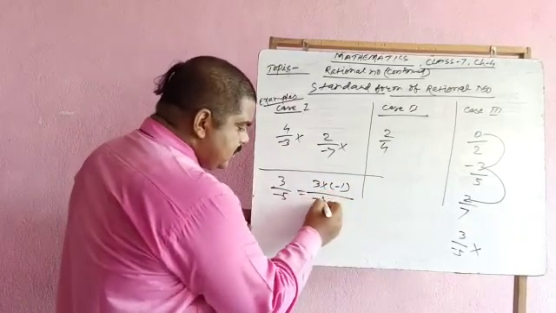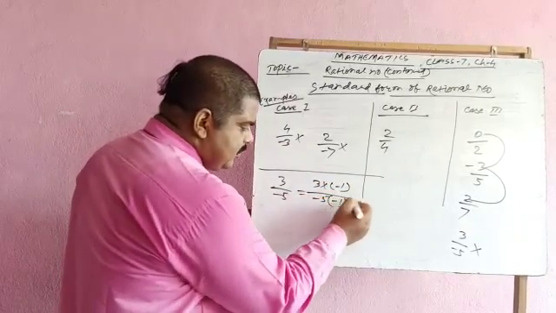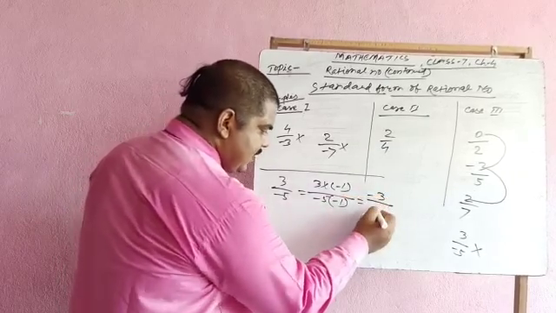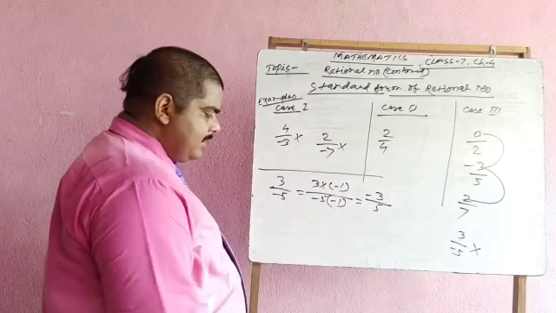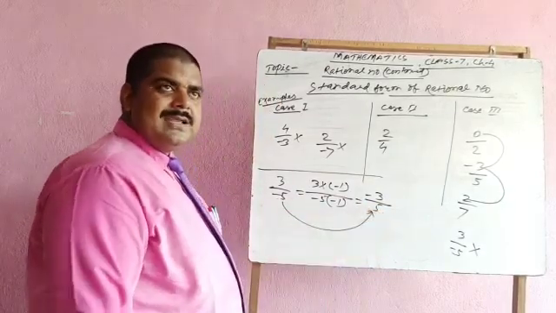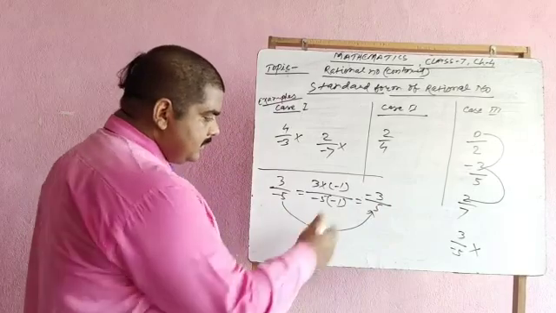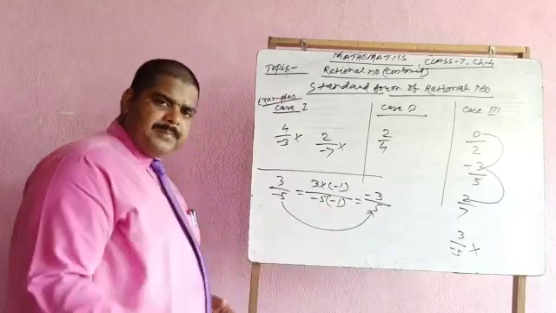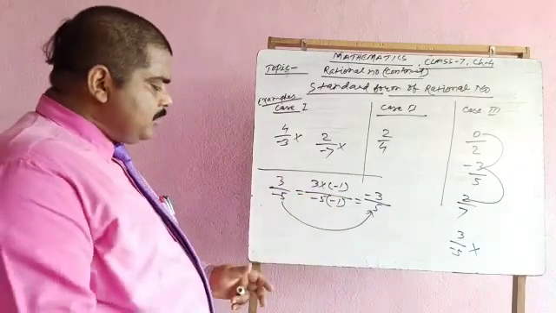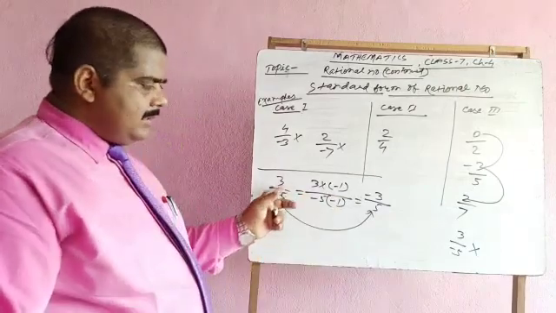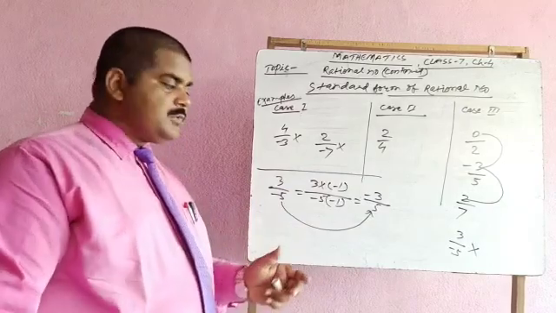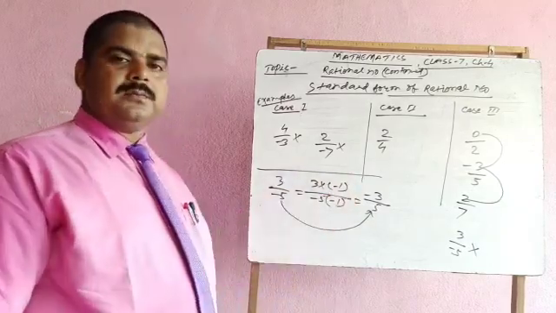The result becomes minus 3 upon 5, and now this has been converted into standard form. So you can multiply the numerator and denominator by minus 1 to change the number from usual form to standard form.